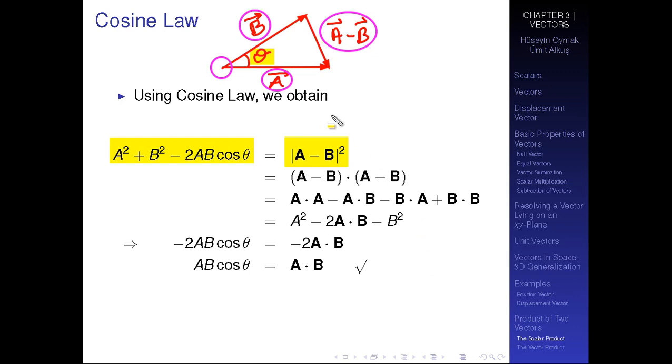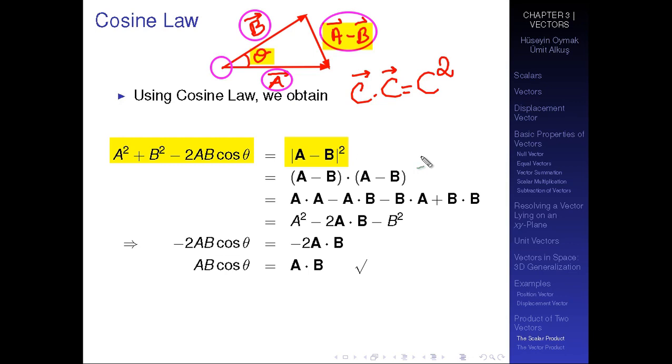Here, since A minus B is a vector, then the scalar product of any vector with itself is equal to the square of the magnitude of that vector.